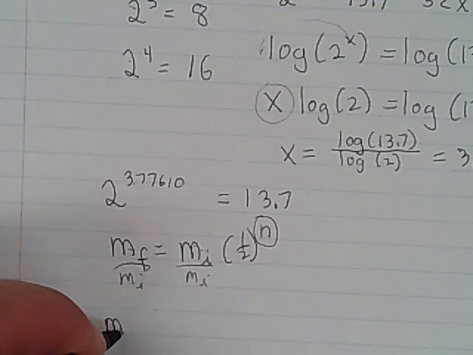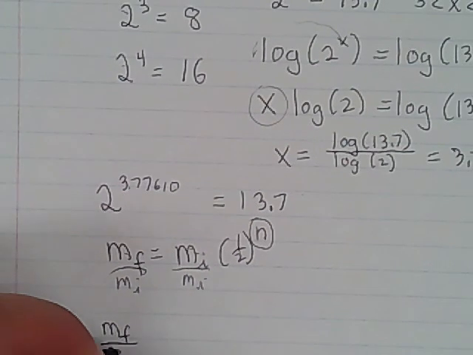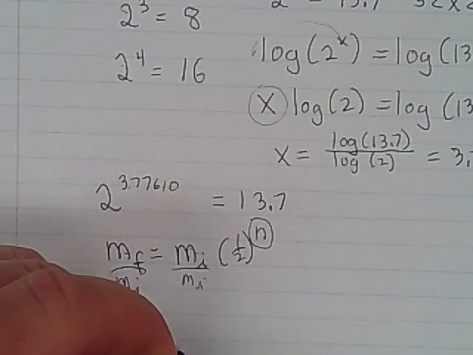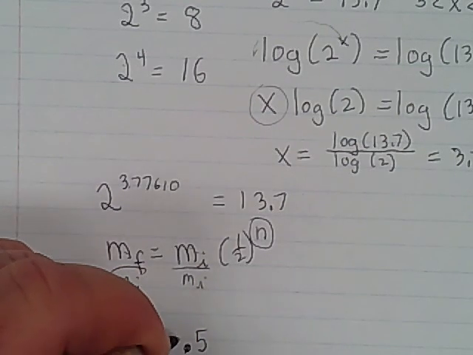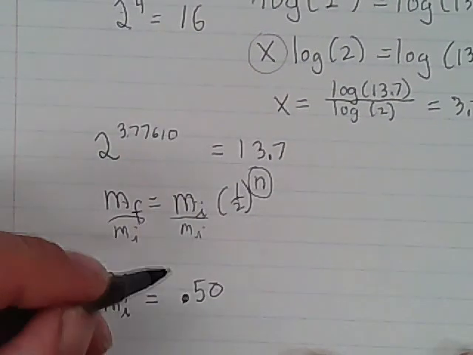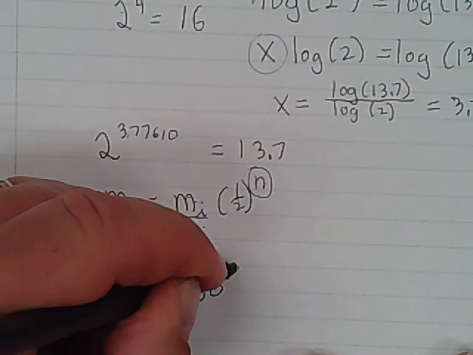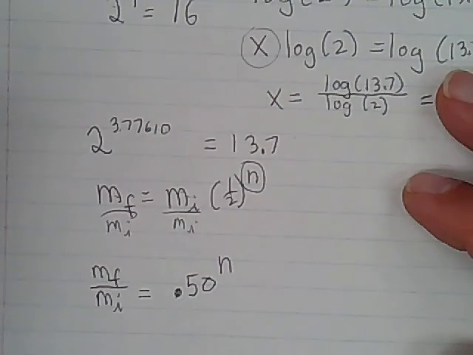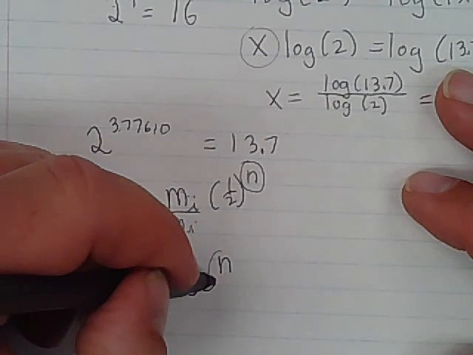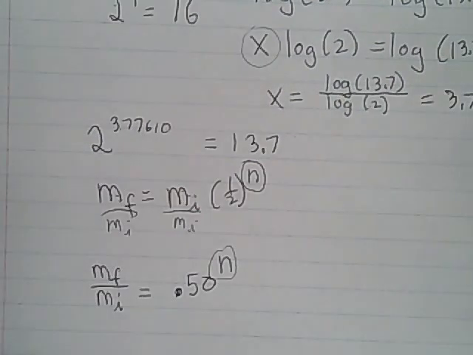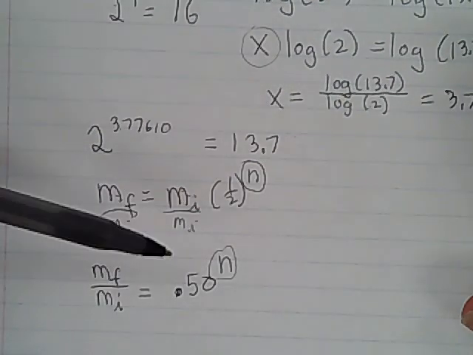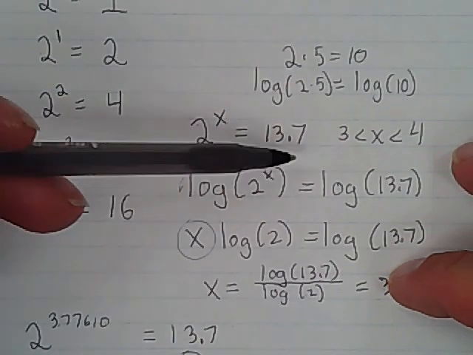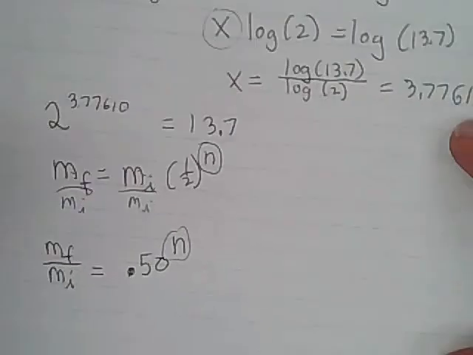So I have final mass divided by initial mass is equal to 0.5, because that's 1/2, raised to the nth power, where n is the number of half-lives. Great. So how do I solve for n in this horrible looking math problem? Well, the answer is we're going to take the log of both sides.